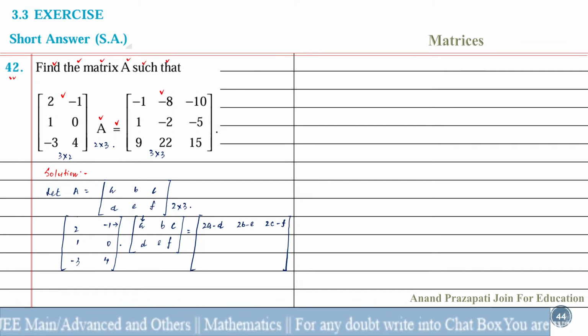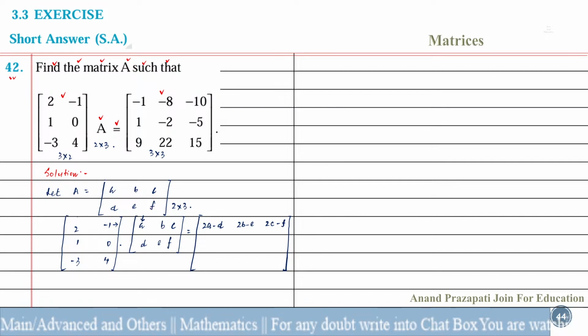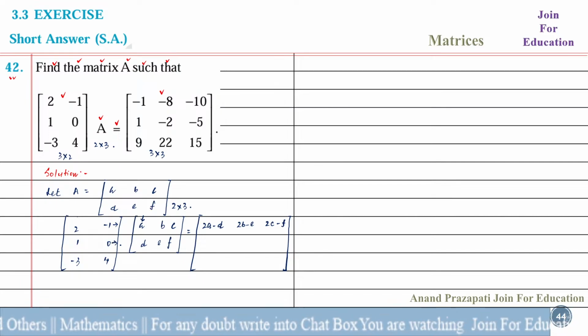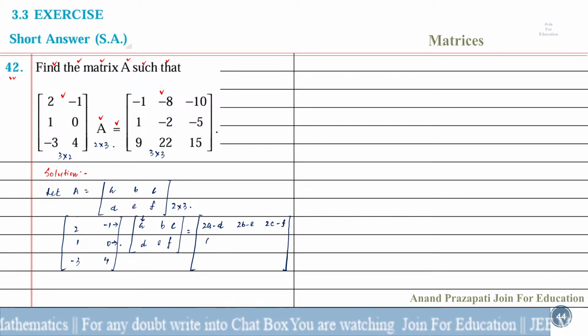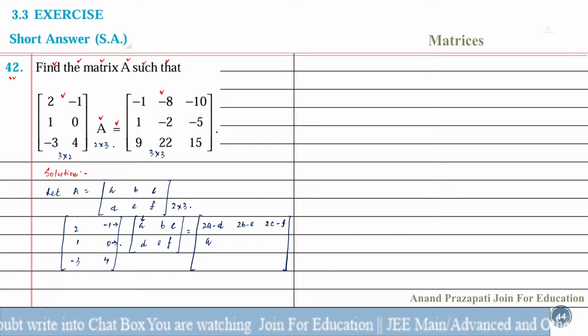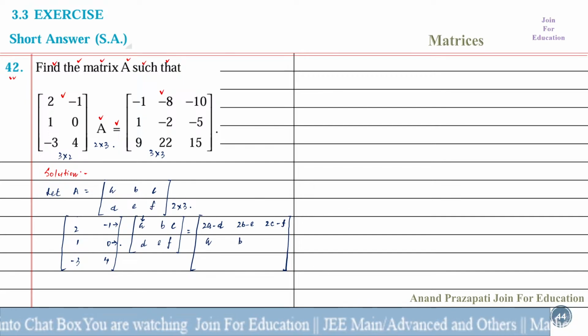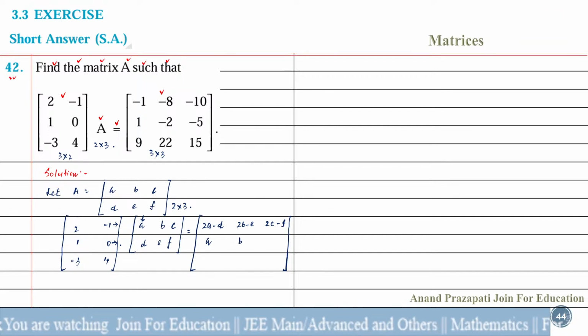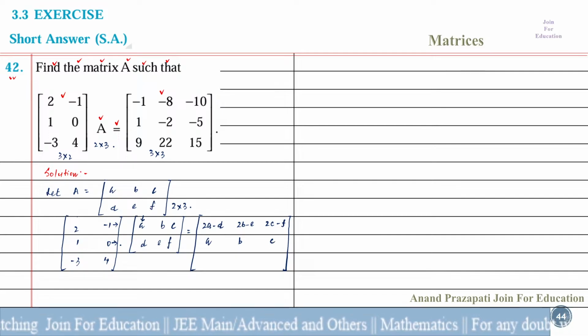Now second row by first column, then we get a into 0, therefore we get only a, and here we get b into 0, b plus 0 equal to b, and here we get c plus 0 equal to c.